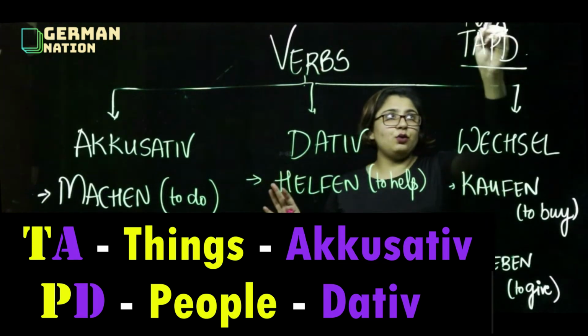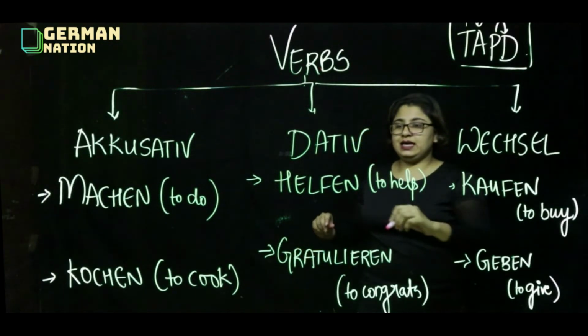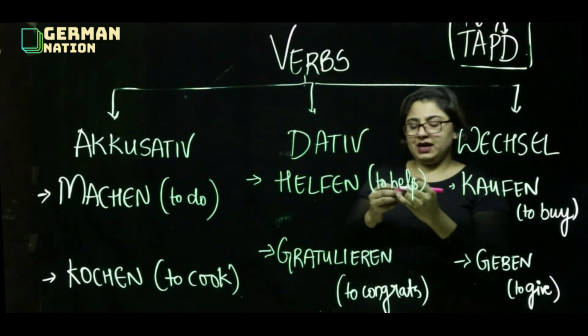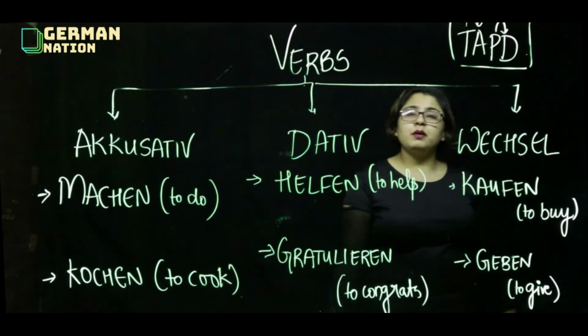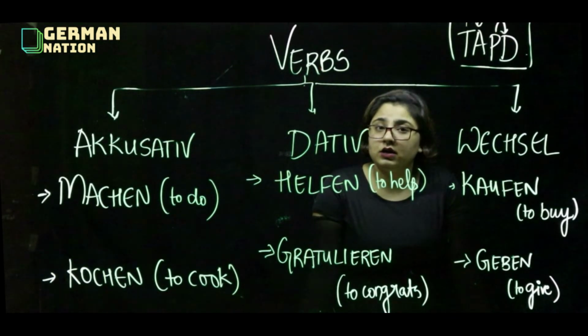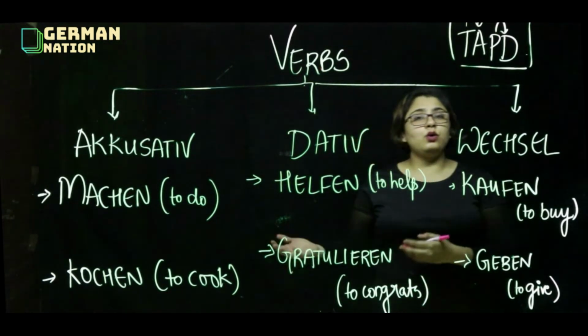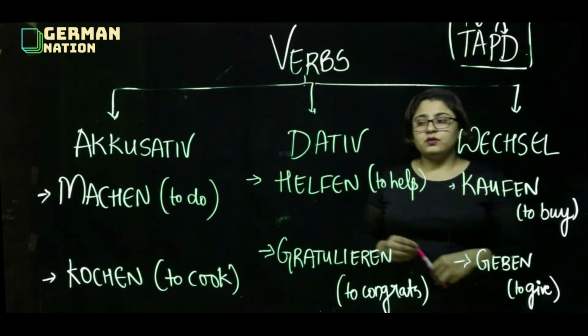Okay, now this is the only thing that you have to understand. See helfen. If I make any sentence with helfen, I would say, I help my student. I help my brother. She is helping the old lady. What is helfen doing?